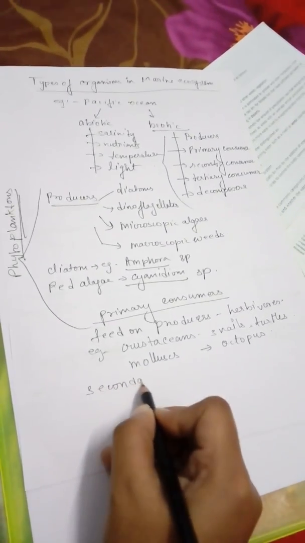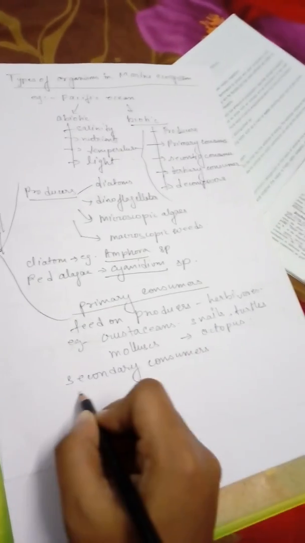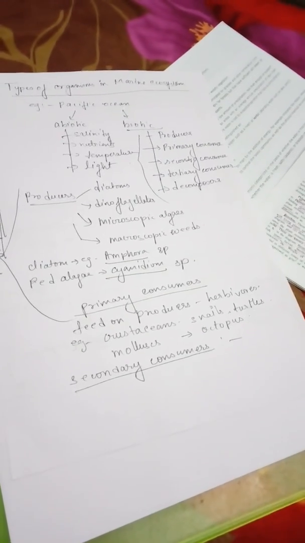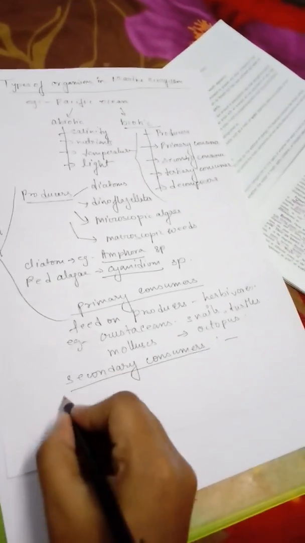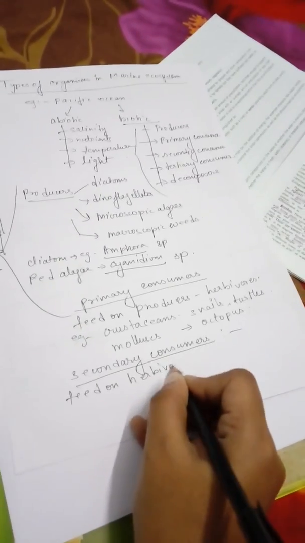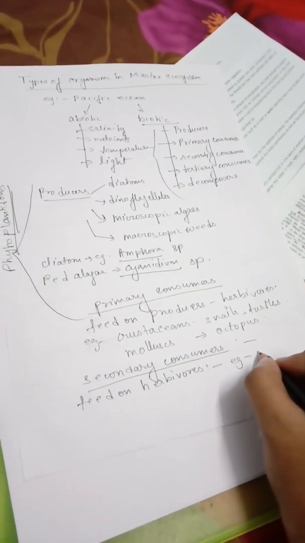Then secondary consumers. Secondary consumers are those who feed on herbivores, so they are known as secondary consumers. Our examples are the fishes.